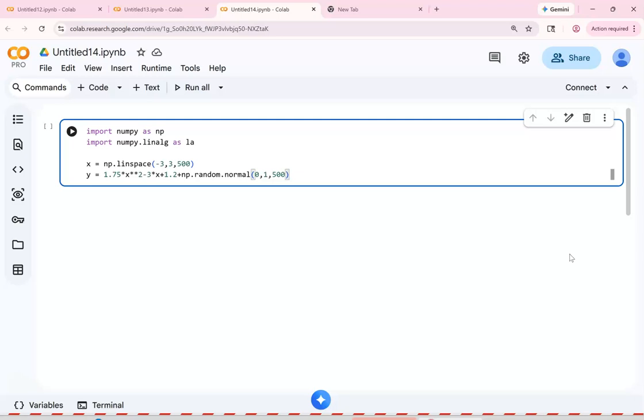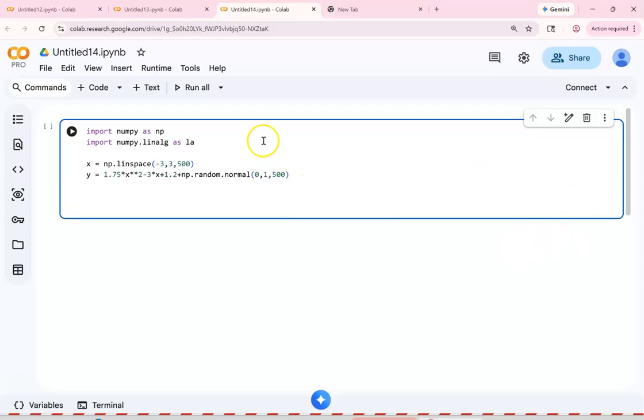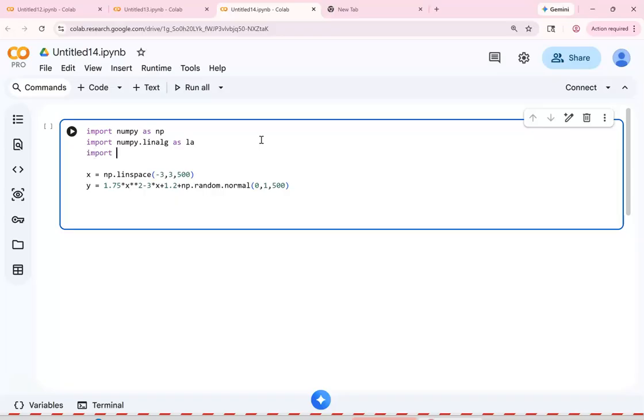Okay. Oh, I forgot to import something else. Sorry. Let me also import matplotlib.pyplot as plt. All right. We should be able to get a scatter plot of this and see what we've got.